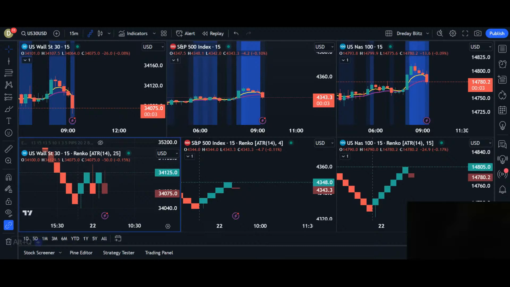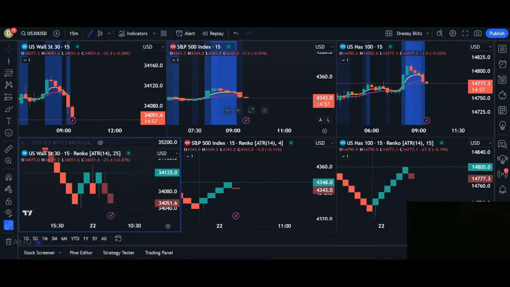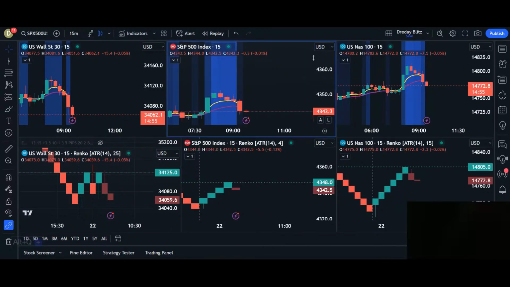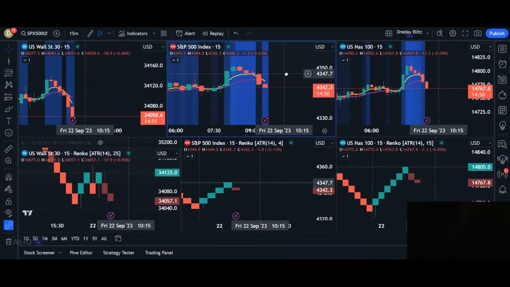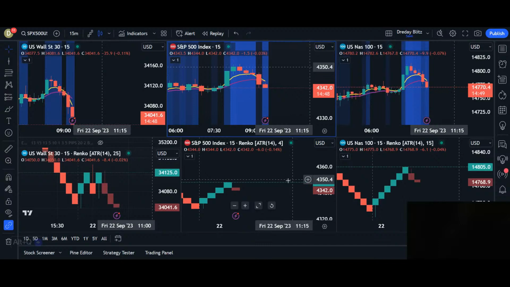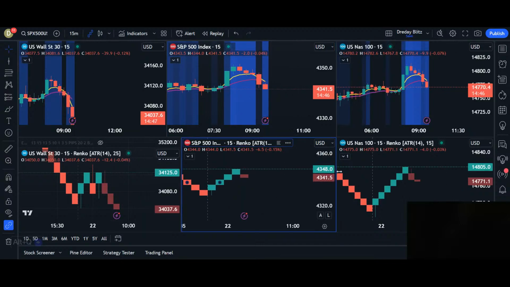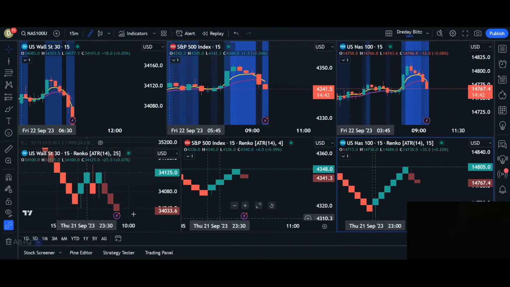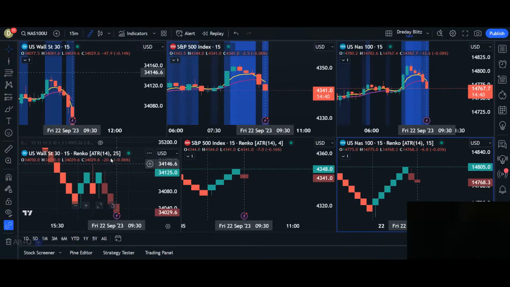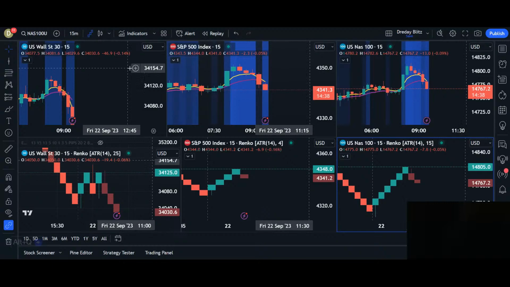All right, perfect. Market will open in less than a minute, so let's see how everything will go. So far we're looking at bearish movement on each of the indices that we're looking at, and the Renko bars are showing us a bearish sentiment here.